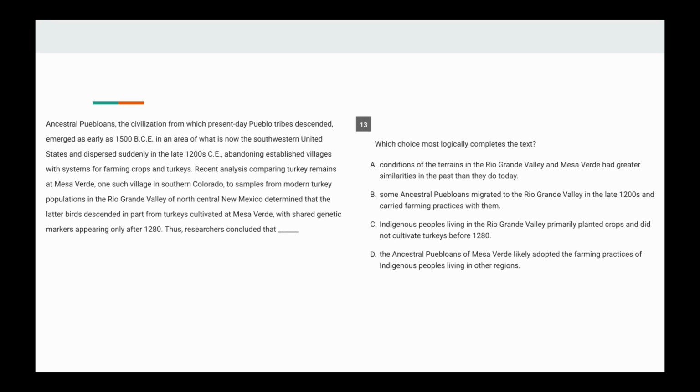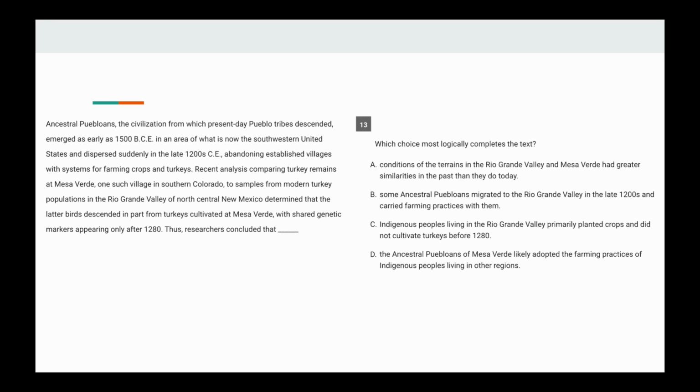B. Some ancestral Puebloans migrated to the Rio Grande Valley in the late 1200s and carried farming practices with them. In the late 1200s. And they said only after 1280. After 1280, late 1200s. Basically paraphrasing what's being said in the passage. And they carried farming practices with them. What are they implying?